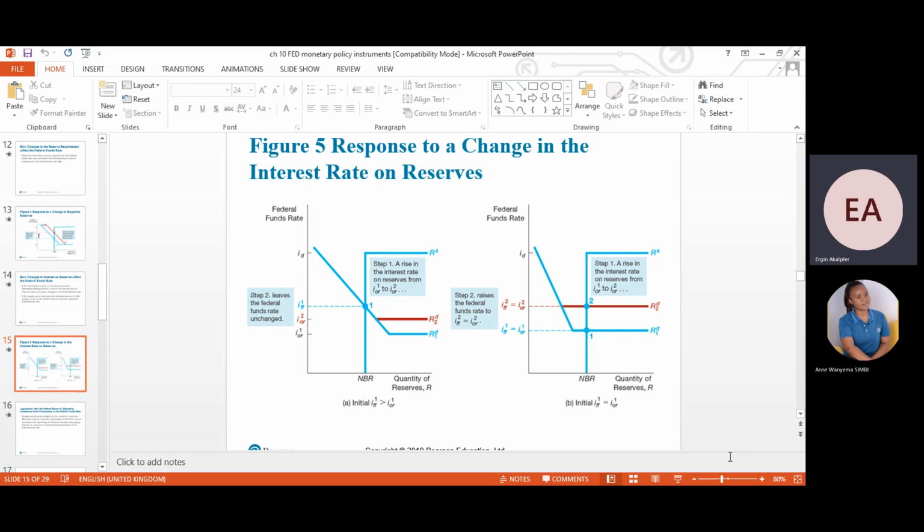And on the left side, it is observed that the initial federal fund rate is becoming larger than the initial interest rate on reserves, and as a result, it is not affected because it is a little bit lower, as you see in the left graph on the left side of the figure, and on the right side it is becoming equal.